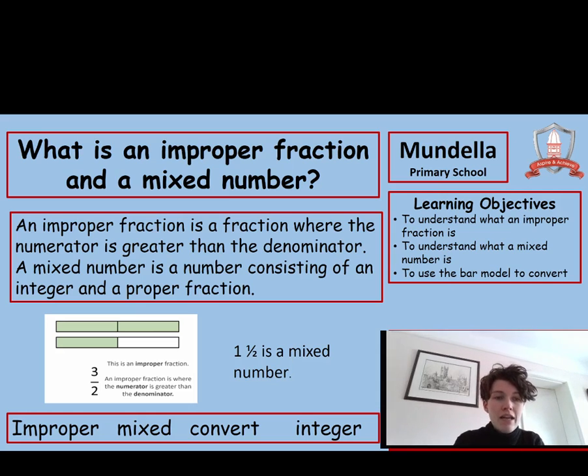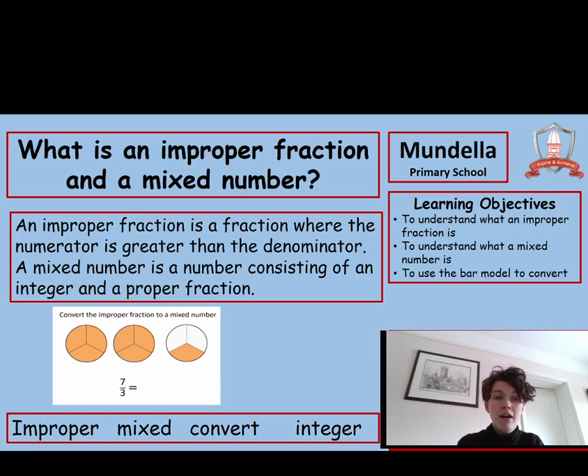So I've written here the equivalent to 3 over 2 is the same as 1½. Okay, we've got our integer, the 1, and the half is a proper fraction. And we can see how it's been drawn as a bar model. Okay, we've got 1, 2, 3 parts shaded, but we've only got the bars split into 2. So that's why we write it 3 over 2.